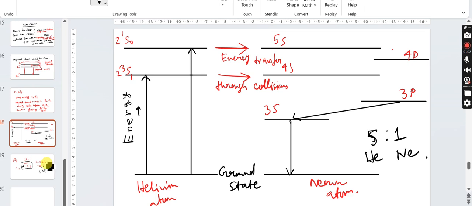And it has to be in low pressure. Here, the helium creates and maintains population inversion, and neon takes part in the lasing action.